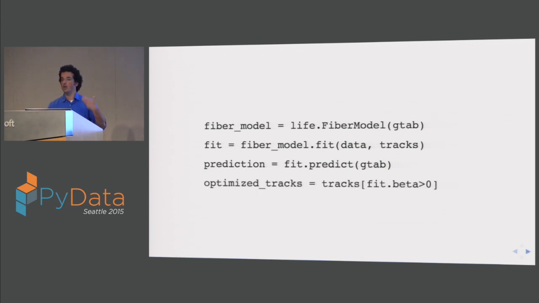But this also gives us another aspect, which is that it allows us to select which of the tracks actually fit the data. Those will be the tracks that received a weight larger than 0. So in practice, many of these weights go to 0, and we can reduce the amount of tracks a lot by looking only at the tracks that have weights larger than 0.